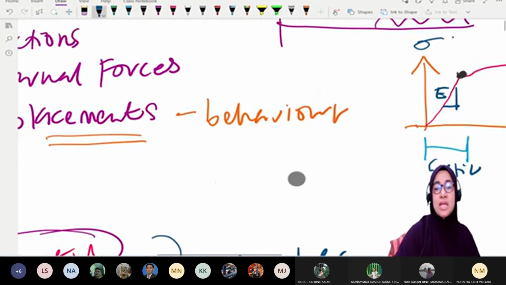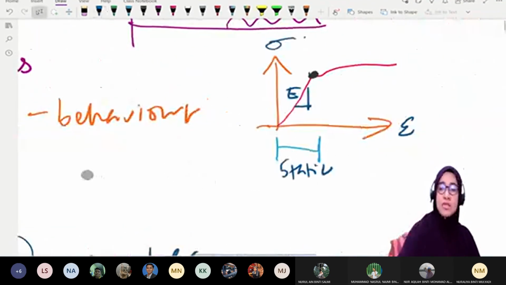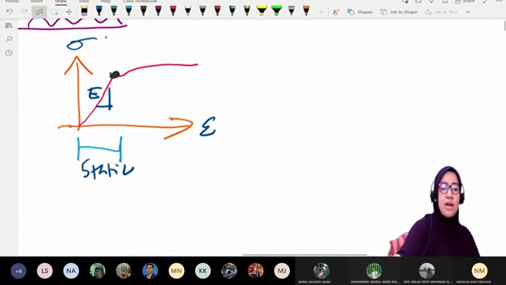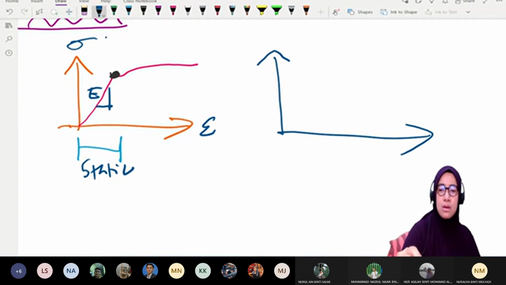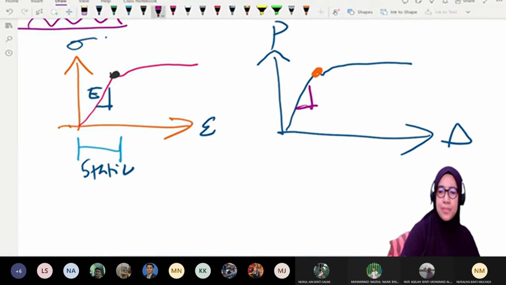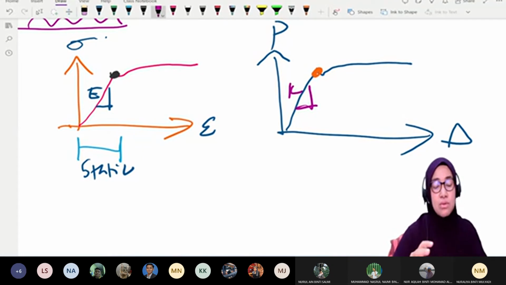We include E, and K as well. If we draw P versus displacement, we get the same graph. So this is the yield point, and this will be K. What is K? K is stiffness. So dia akan relate dengan stiffness. So displacement.